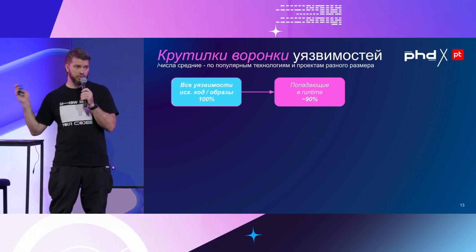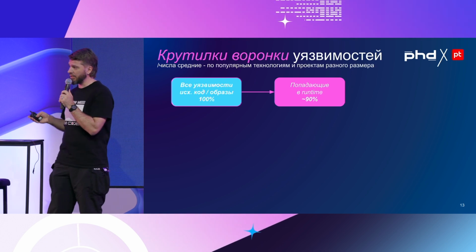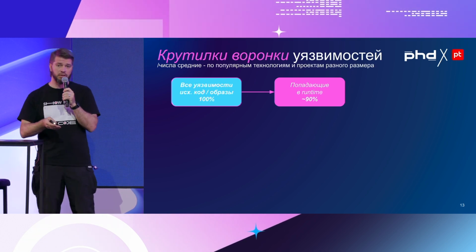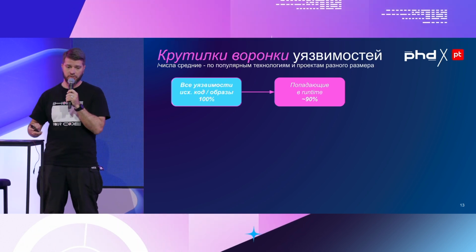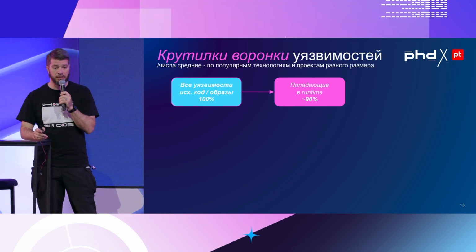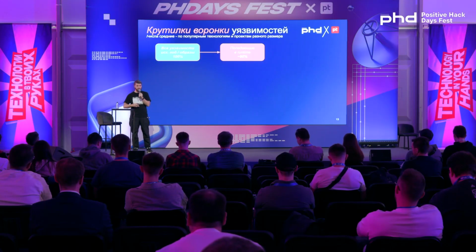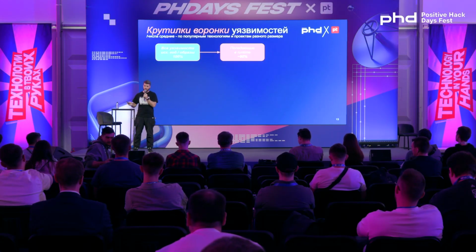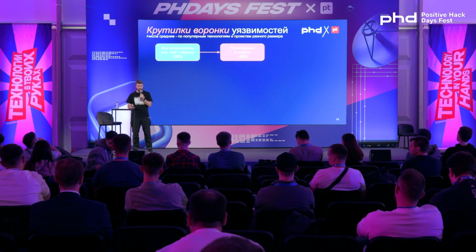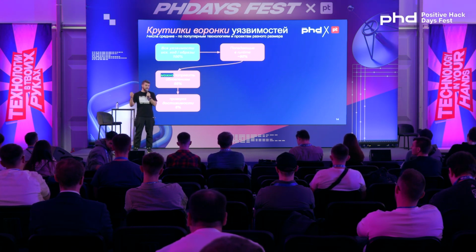We have a funnel of vulnerabilities, and at a certain stage, source code, images, we have 100% of vulnerabilities. Of course, we have a lot of different things here, and sometimes it is not necessary. 90% goes to runtime. It's on average.